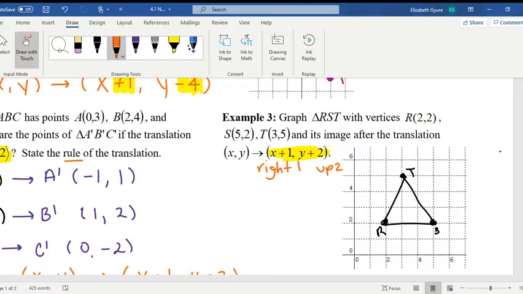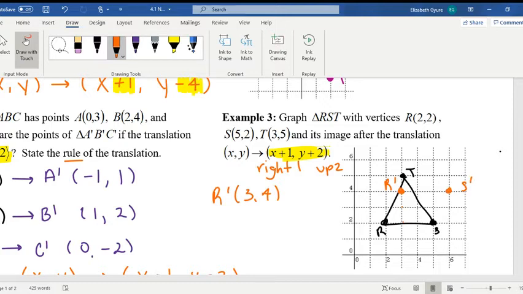So we're going to go right one. It doesn't matter which point you start at. I'm going to start at R. I'm going to go right one, up 2. So R prime is going to become (3, 4), which should make sense with adding 1 and adding 2. Then S prime, you're going to go right 1, up 2.